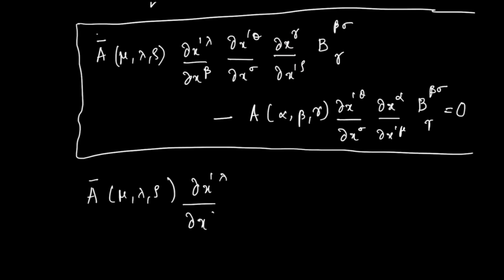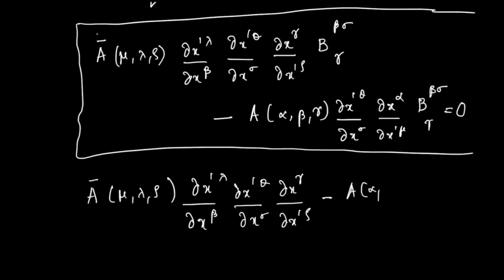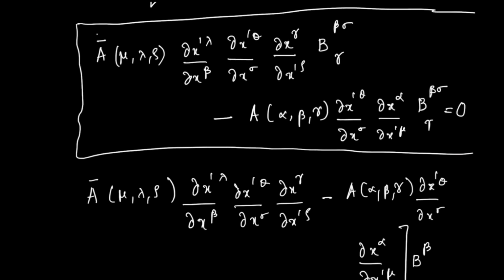Okay, so prime theta gamma minus alpha beta gamma, partial derivative of x prime theta, partial derivative of x prime mu multiplied by B beta sigma gamma is equal to 0.